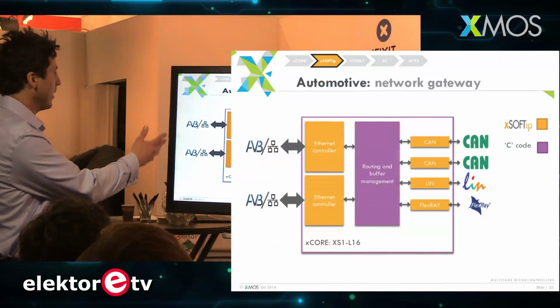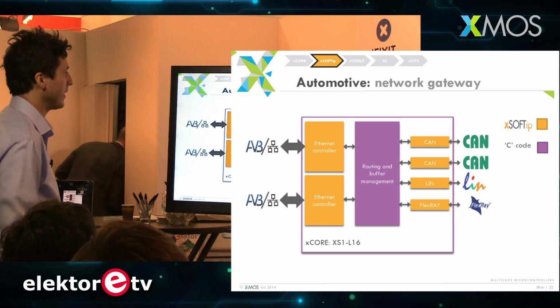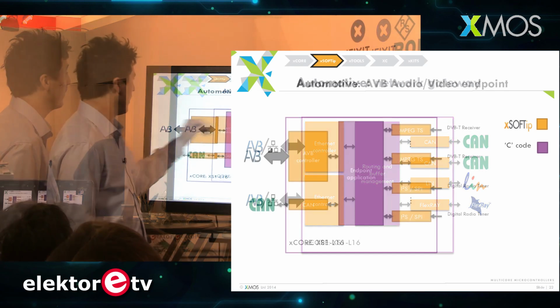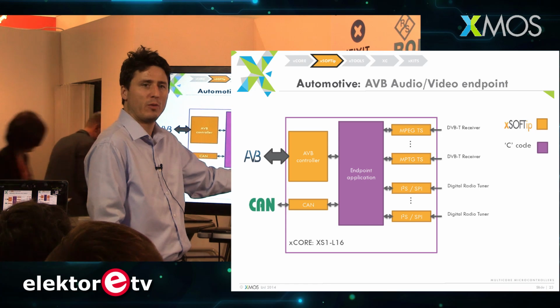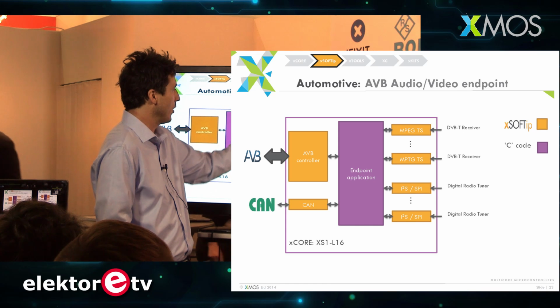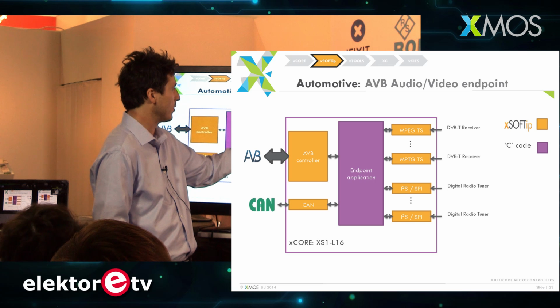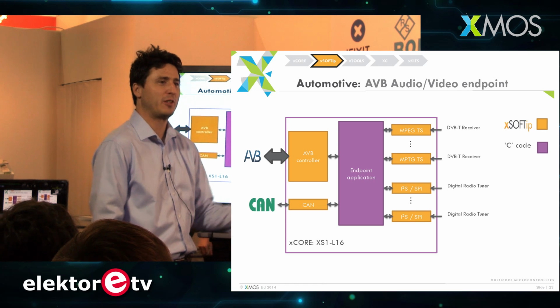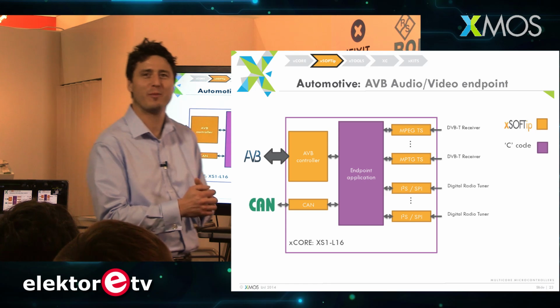Some more examples: automotive networking gateway, 2 AVB interfaces and CAN. Also very interesting, we can support video and audio over AVB. So you can connect several TV tuners. Cars in the future will have several tuners, so people don't have to agree what to watch anymore.